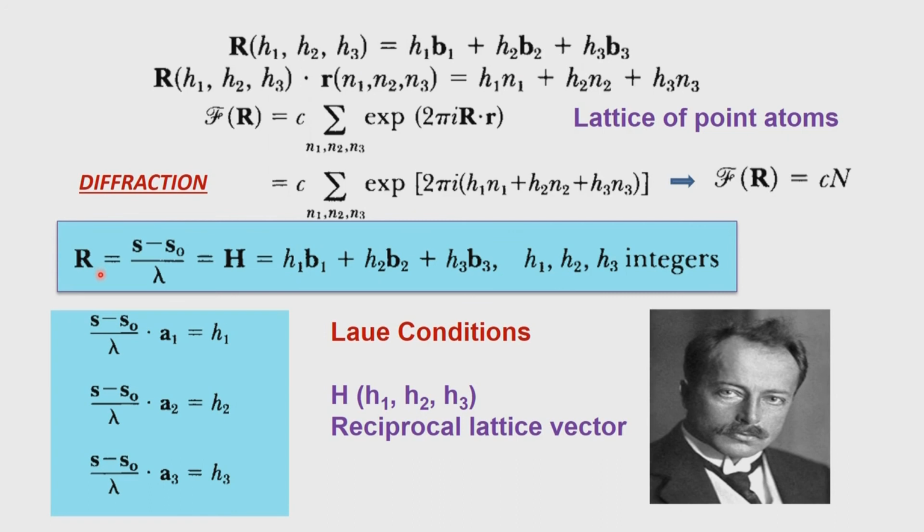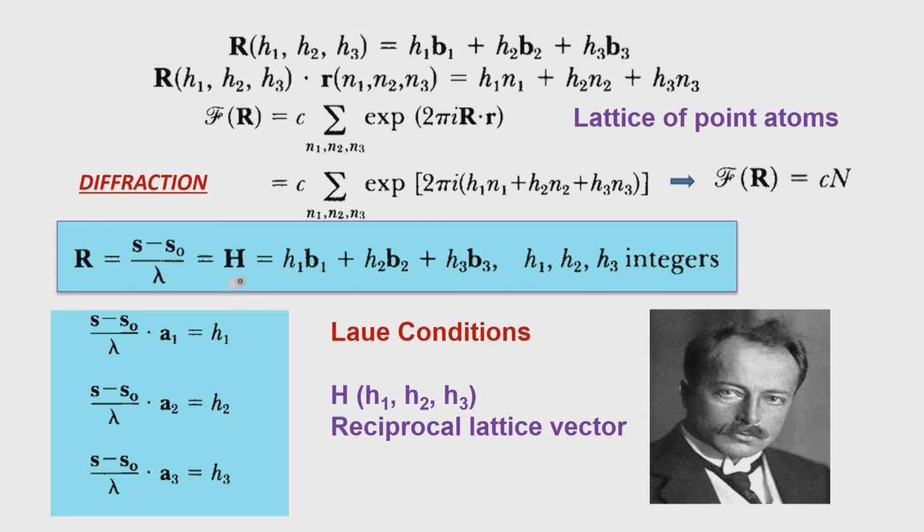If you take R, R is now (S minus S naught) by lambda, we know this. This is the scattering vector. This is the direction of the scattering vector, and its magnitude is 2 sin theta by lambda, which we have just calculated. Now, this becomes vector H, and this vector H will not be all over the place, it is not a continuous function now. It will happen only if this value is satisfied, when it is H1 B1 plus H2 B2 plus H3 B3, with H1, H2, H3 being integers.